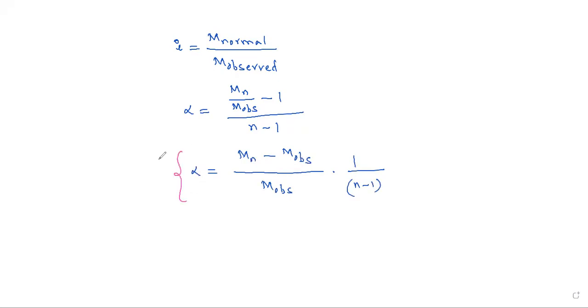So this is again very important. Okay. These are the expressions for degree of dissociation, degree of association.